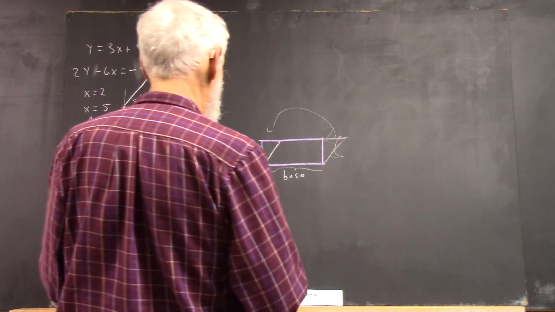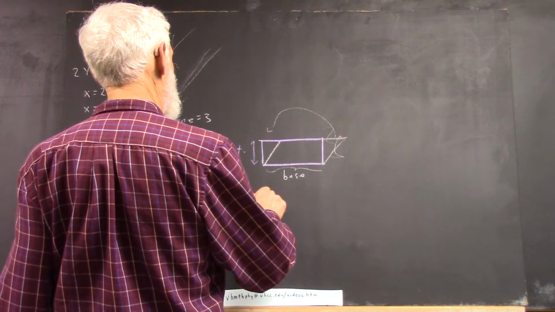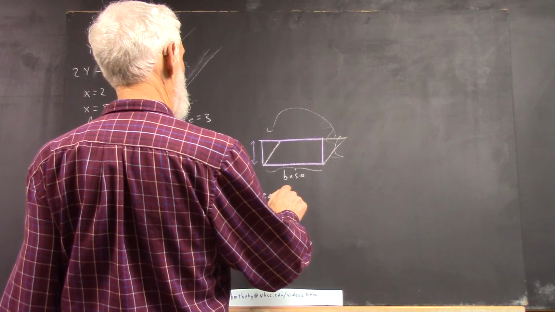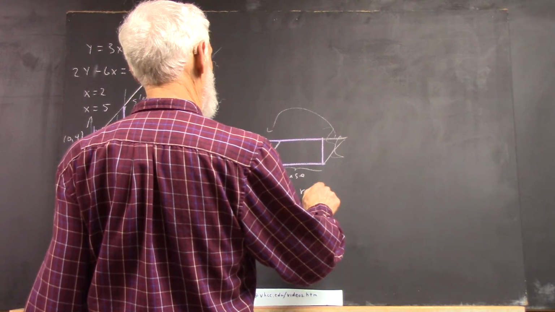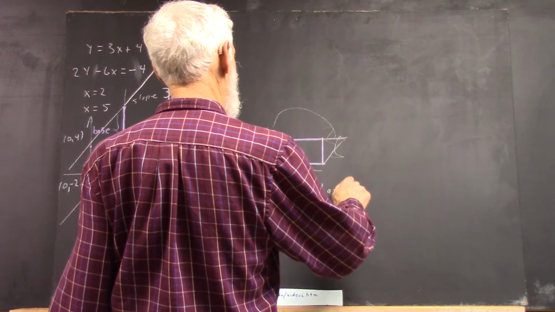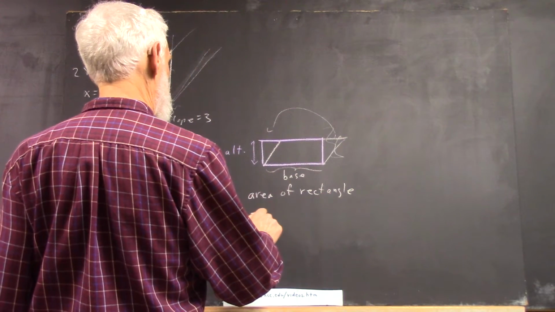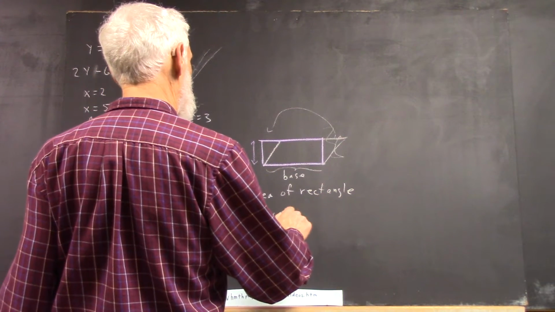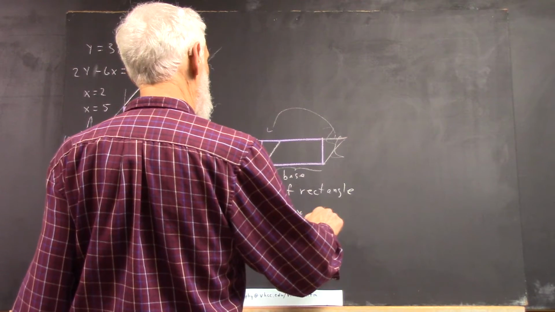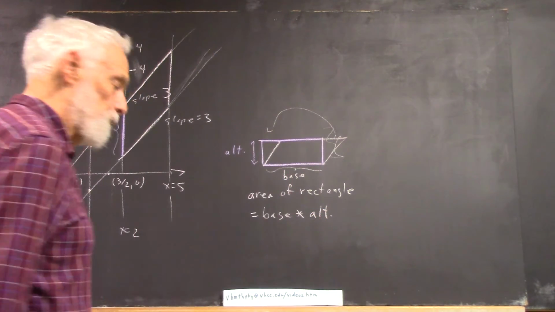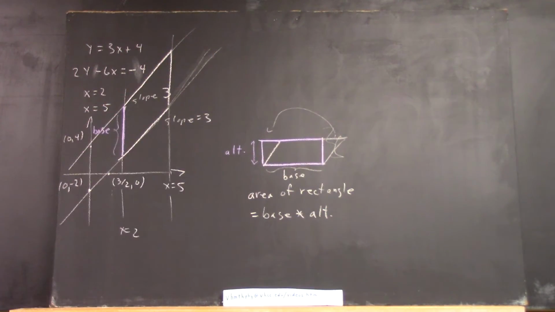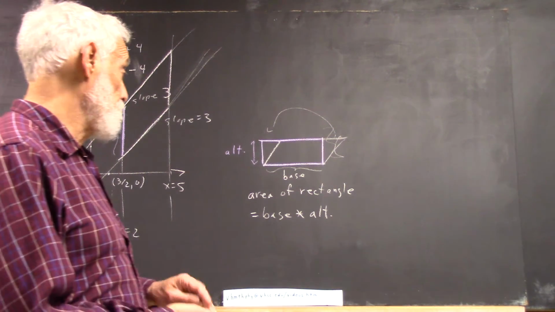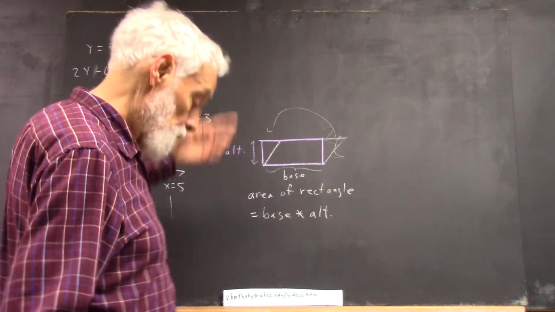But now the area is just the length of the rectangle times the width. I don't know which one you want to call the length and which one you want to call the width. That depends on how you want to think about it. Doesn't matter. One of these is the length, the other is the width.